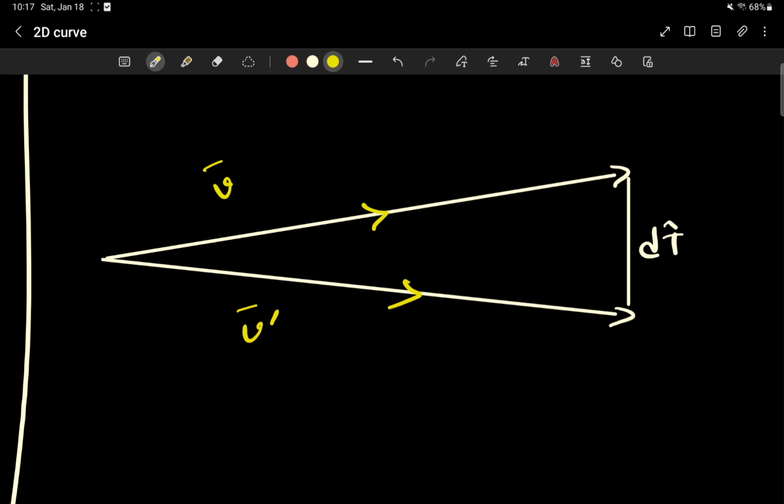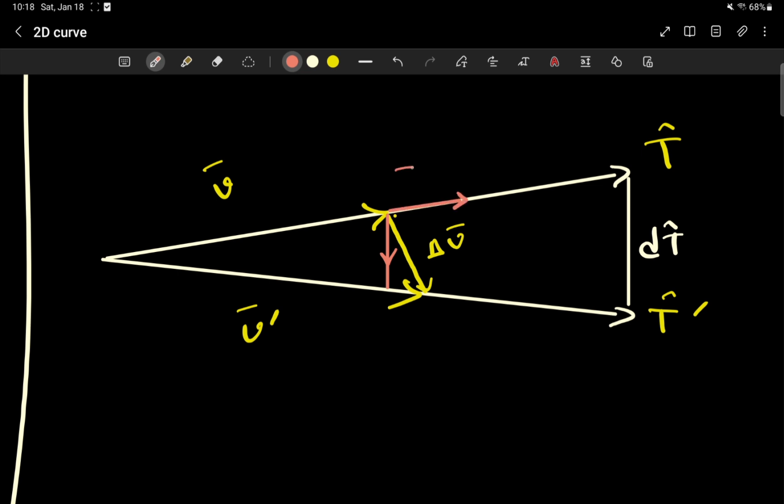So one thing to note, the change in velocity will be this. But one thing, this is the t initial and this is the t final. So there is a component parallel to dt, a component parallel to dt, and there is another component which is parallel to t.